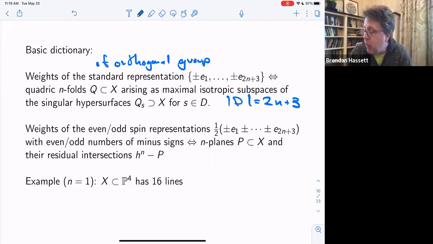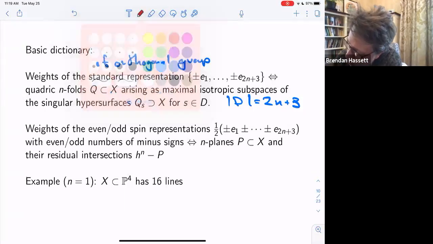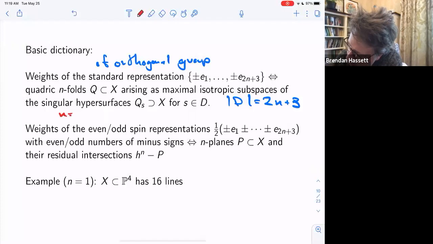If you want to realize the roots of the standard representation in terms of the geometry, they just correspond to the quadric n-folds. An example, of course, is a quartic del Pezzo surface. These are the conic bundles on the quartic del Pezzo surface. So maybe I'll write a note here: for n equals 1, these are the conic fibrations for X in P4.